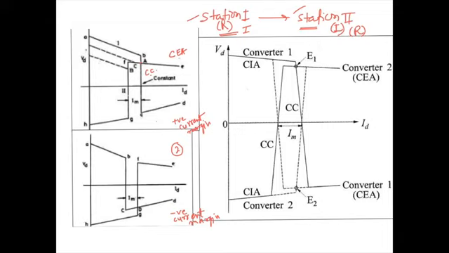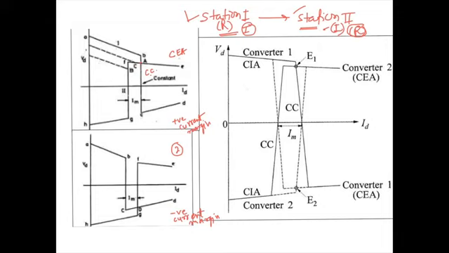Now in this slide, we will try to understand the complete characteristic of HVDC control system when station 1 is acting as a rectifier and station 2 is acting as inverter, as well as the other situation when station 1 is acting as inverter and station 2 is acting as rectifier, that is during power reversal mode.